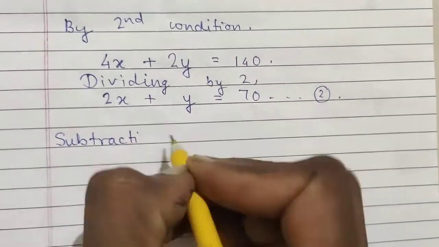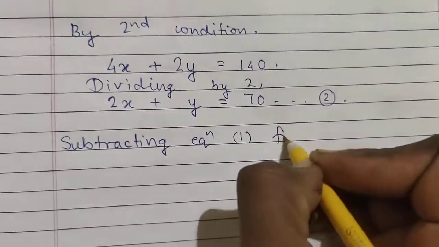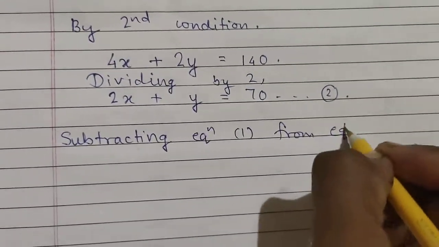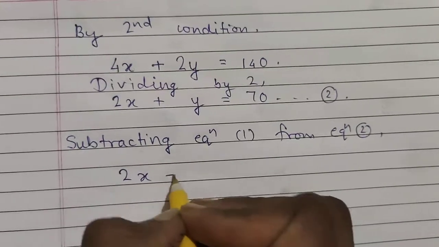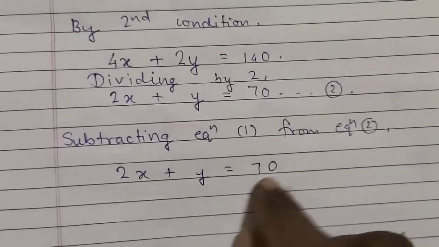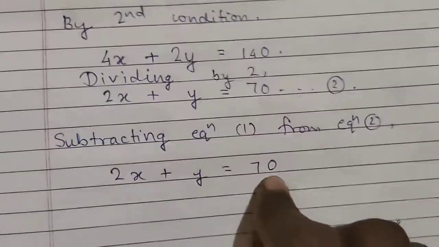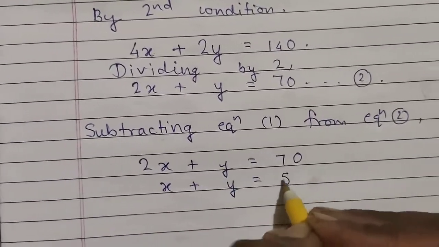Subtracting equation 1 from equation 2. Now what is your equation 2? 2x plus y equals 70. See, from 2 means you will write your equation number 2 first, and then you will write equation number 1. So x plus y equals 50.